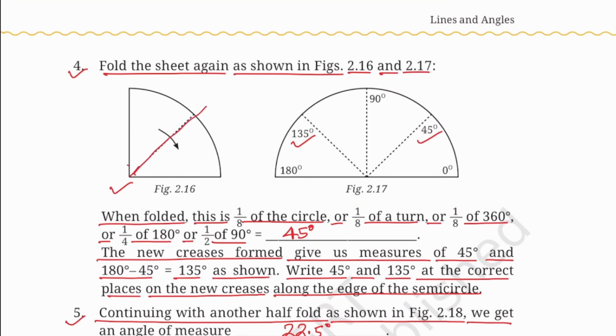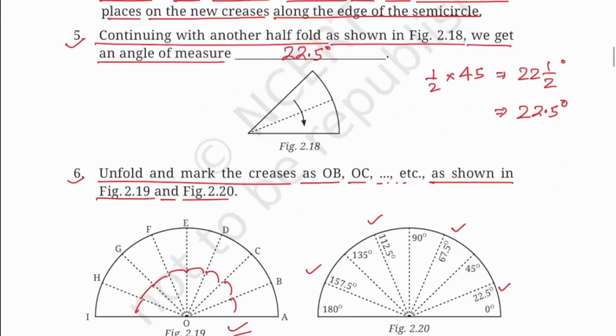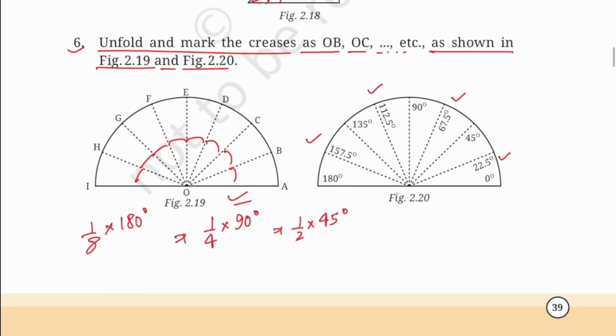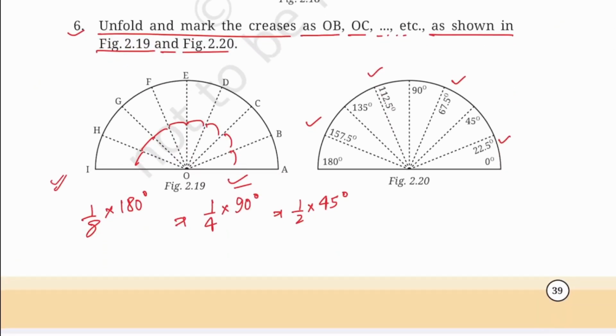It divides the angle here, that is right angle or 90 degree, into 45 degree and 45 degree. Similarly, half of 45, that is 22.5 and 22.5 here. So this line is the angle bisector, that is it bisects this angle 45. Similarly, you can see many angle bisectors here.